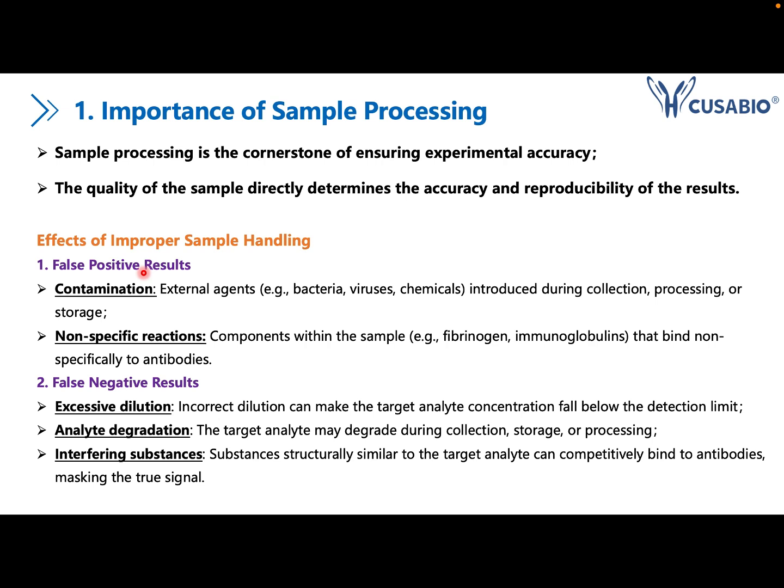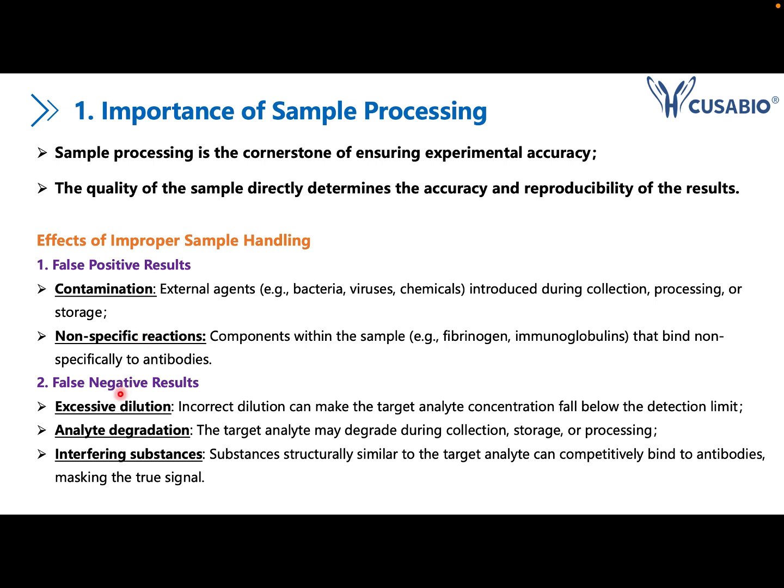For contamination, we usually refer to external agents, like bacteria, viruses, and chemicals introduced when you collect the samples. For non-specific reactions, components within the sample may induce non-specific interaction with the antibodies, causing the false positive result.